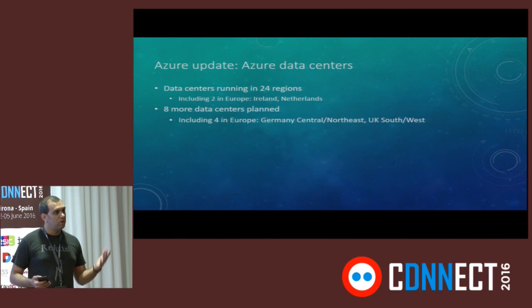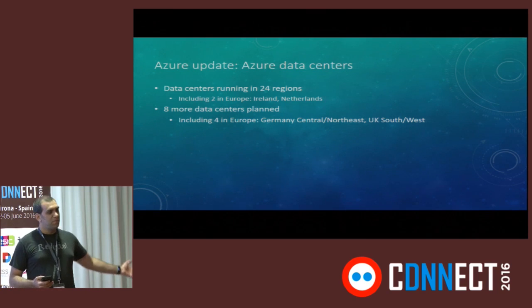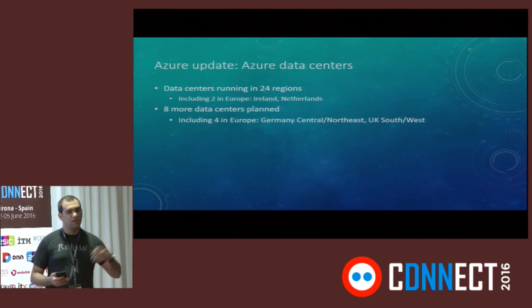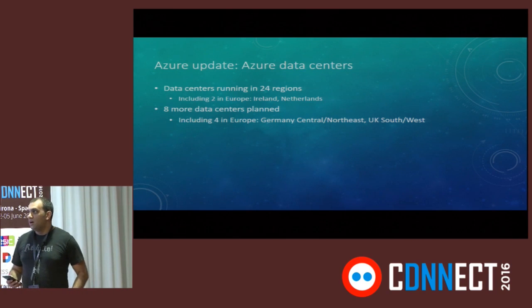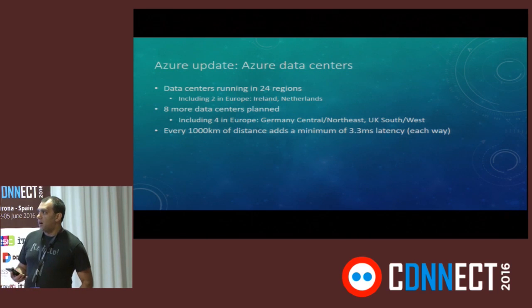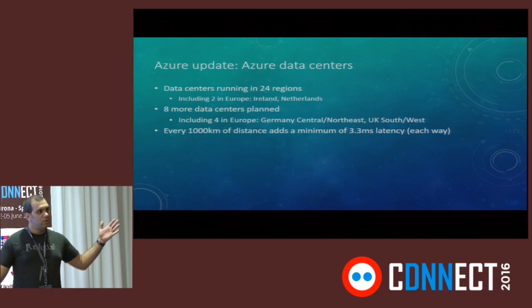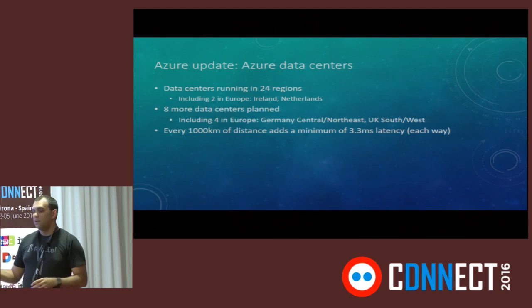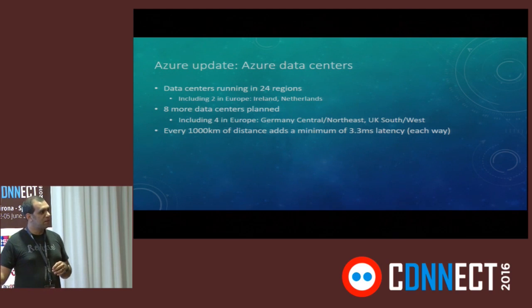Now, why is this important? It's not about Microsoft just buying millions of servers and sticking them in giant rooms. I did some math. It's not very complicated math. Every 1,000 kilometers of distance from where your customer is to where the data center is that you're using, wherever your site or service is running, that's almost 3.5 milliseconds of latency.